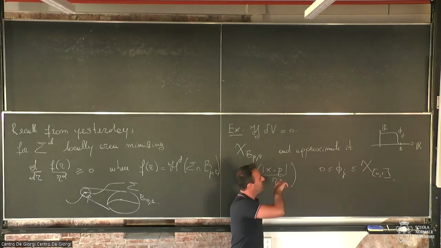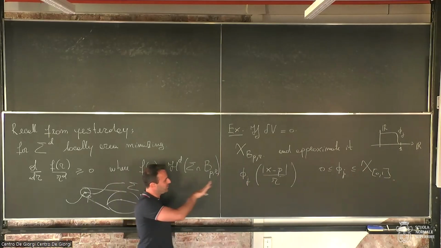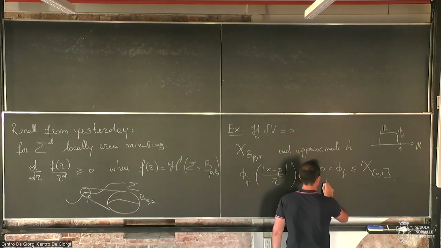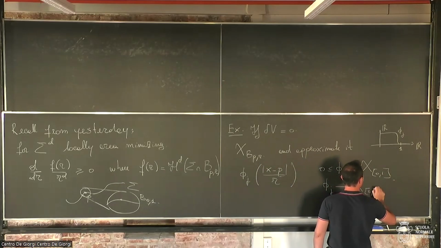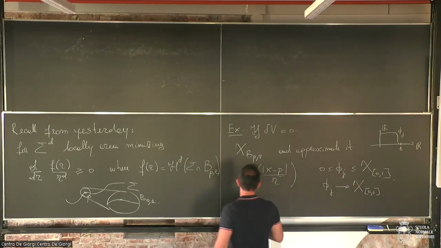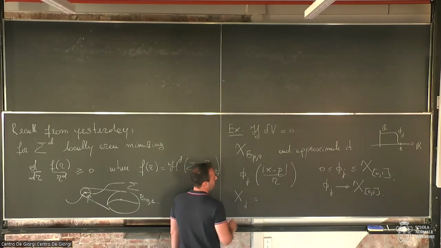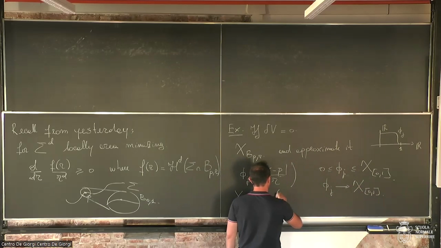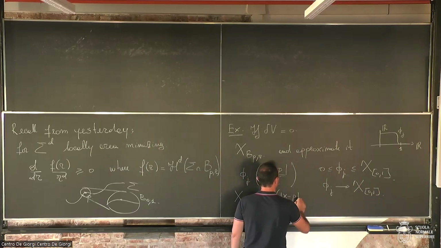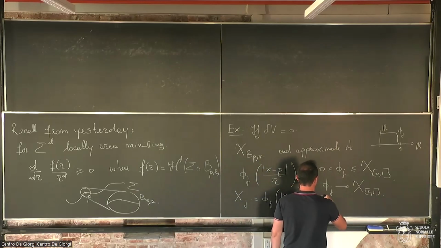It's just a bit long to do the computation, but it's very elementary. You take phi_j converging to the characteristic function of 0, 1, and you plug in the vector field X_j, that is this smoothing function phi_j of |x minus p| over r, multiplied by the radial vector field x minus p.